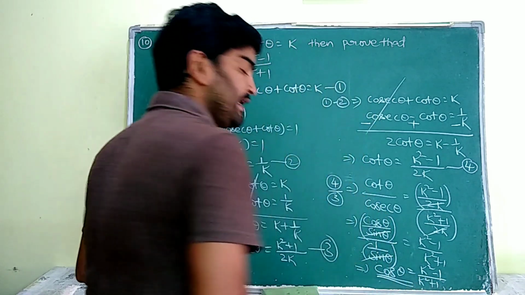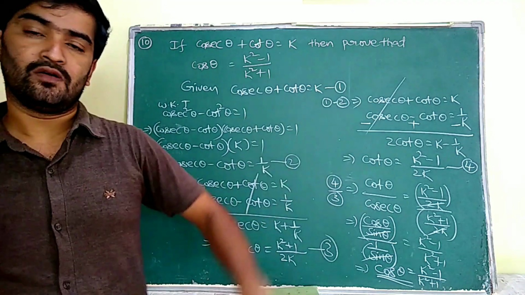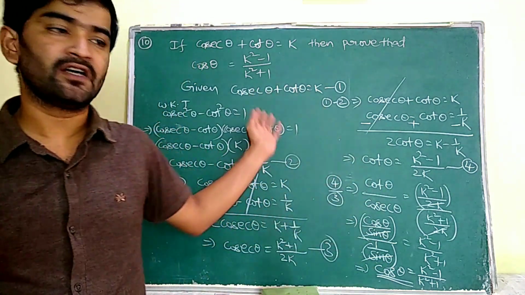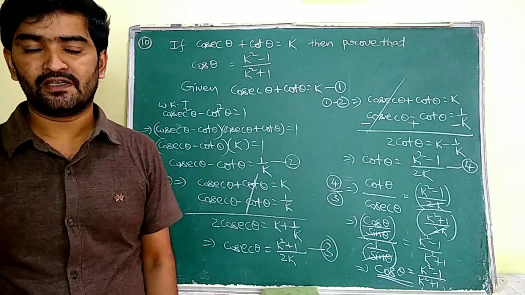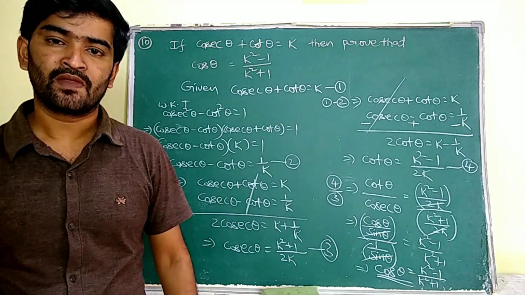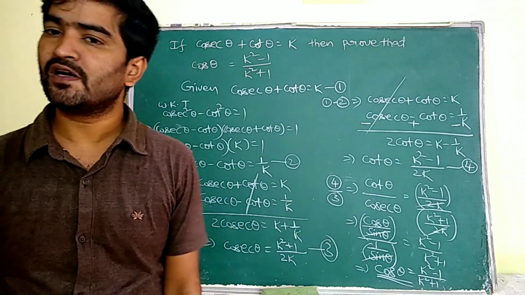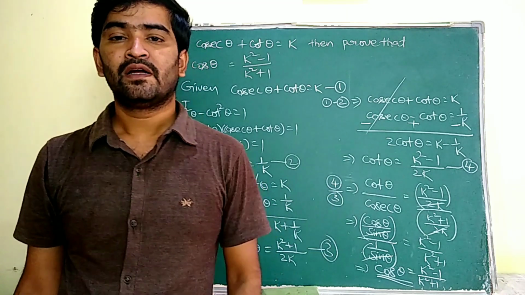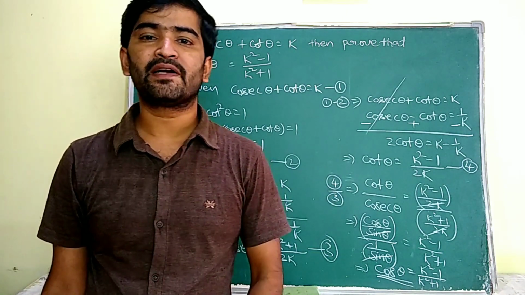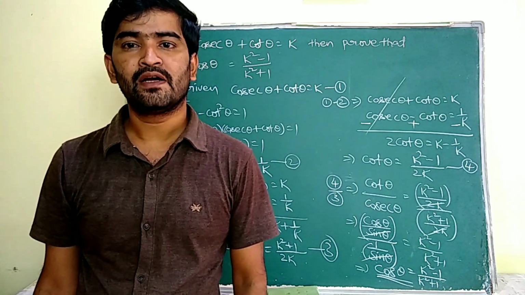Any one of these three methods you may follow. But follow the first method or the third method. The second method is also easy. Whatever method you follow, answer the question. With this question we completed the trigonometry chapter. All the best.